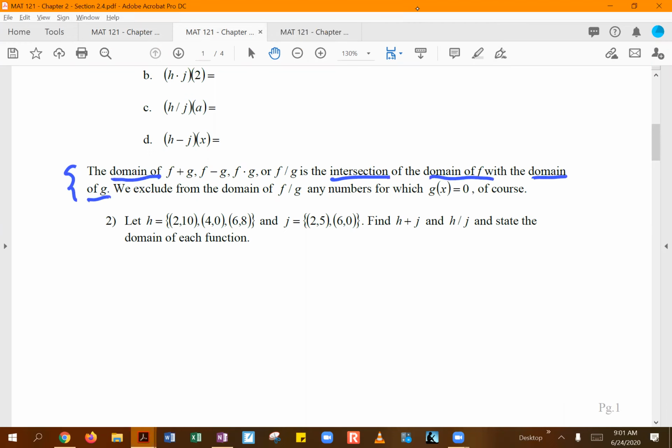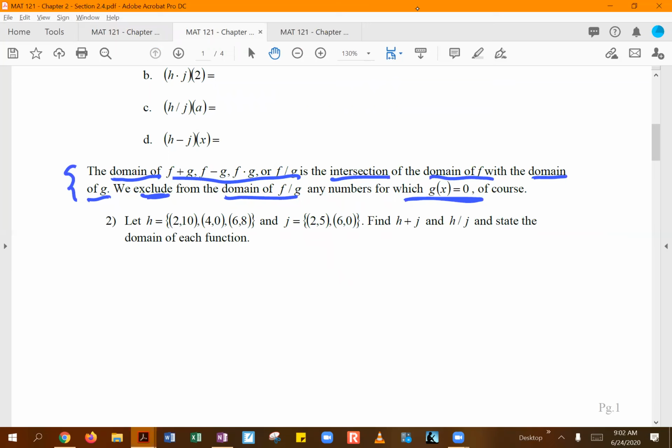So that's going to be the domain for all 4 of these functions, with the only exception that for the domain of the division, the quotient function, the f divided by g, you would need to exclude any x values for the x variable which would make your denominator 0, which would make your g of x function 0. So we would need to remember to exclude those from our domain for the bottom function, basically.